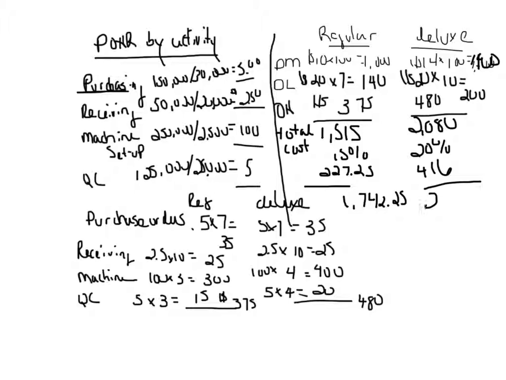Good. So that's the answer to this problem, which is, again, compute the bids for regular and deluxe pillows on a total order basis. So the bid for regular, they're going to say, okay, we're going to charge you $1,742.25, and for deluxe, we're going to charge you $2,496.